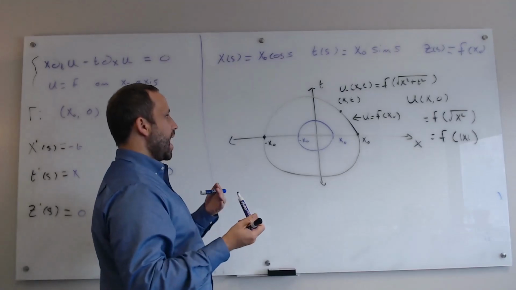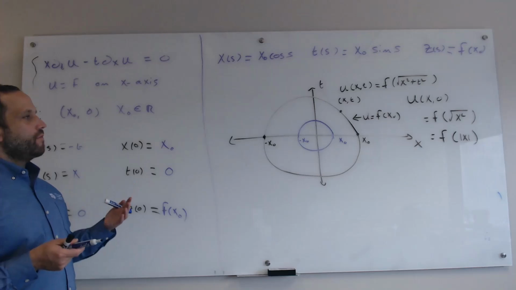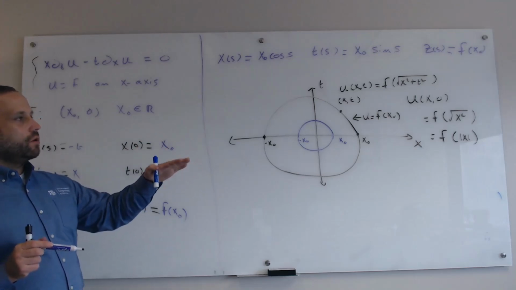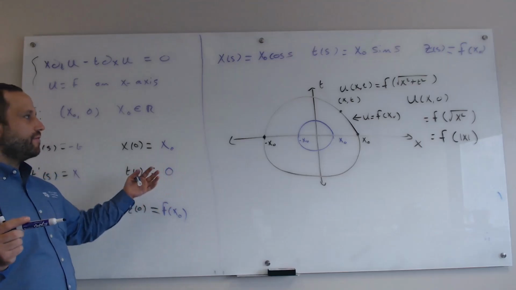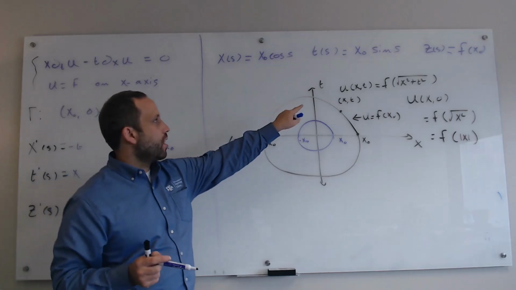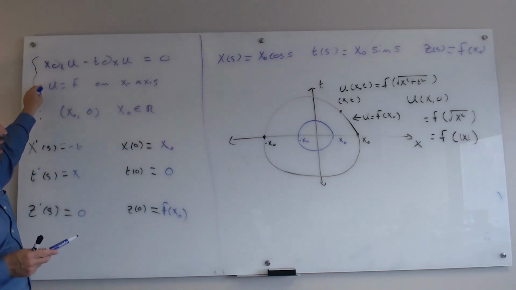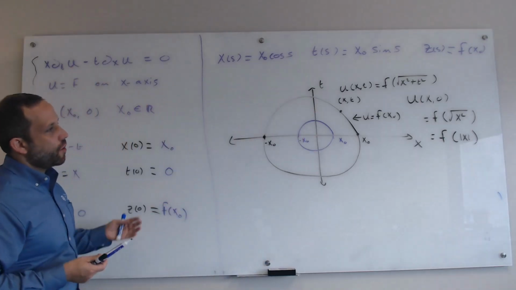I can essentially make this work if I impose some condition on f. For example, f of x naught equals f of minus x naught. In other words, if I impose the condition that f is even, then this function right here is going to be a global solution to this equation, with a problem at 0 regarding differentiability, but otherwise it'll be a solution.